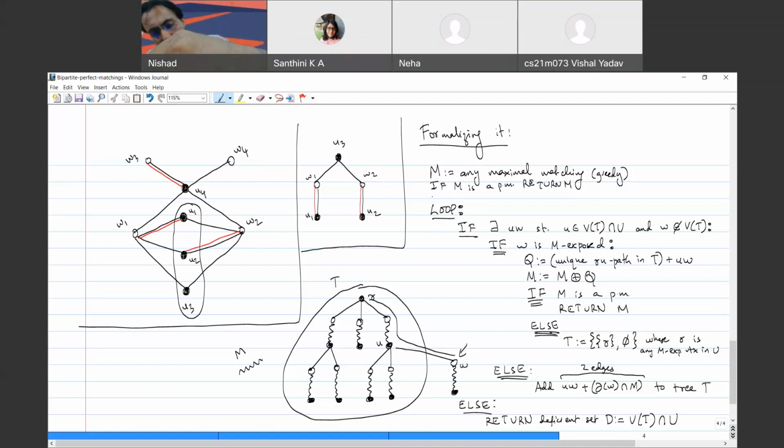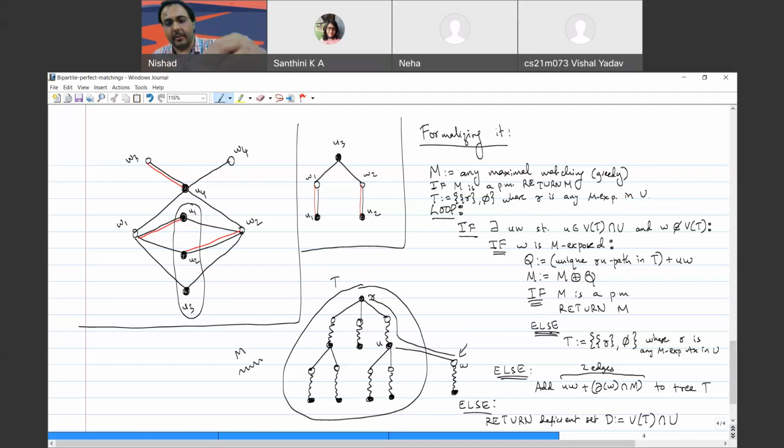Otherwise, you start your tree and it's the same thing that we wrote earlier. It's an arbitrary root with no edges, and R is any M-exposed vertex which is black in color. Right?